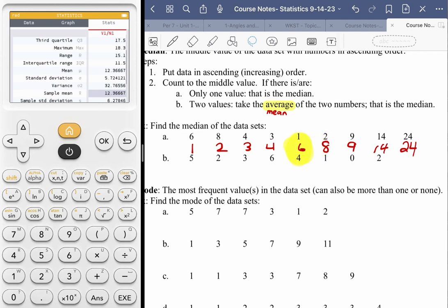Now, so I get the median equal to 6. If my numbers are in increasing order and I have an equal number of values to the left of what I'm calling the median and an equal number of values to the right, then I'm good. I have 4 values that are less than 6, 4 values that are bigger. 6 must be the one in the middle.